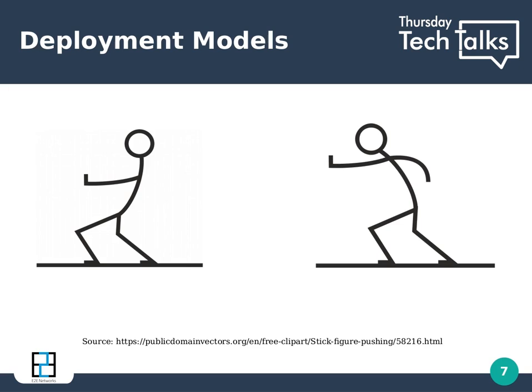Fundamentally, there are two models of deployment. Earlier we had the pull-based setup, where we set up a master or agent on each and every server instance, and this master pulls the configuration changes from a repository and applies those changes to the server.